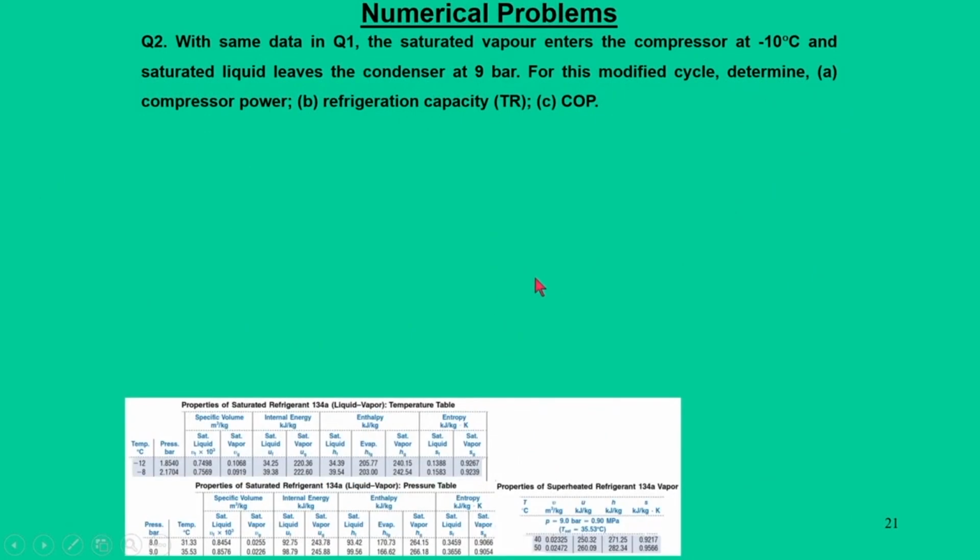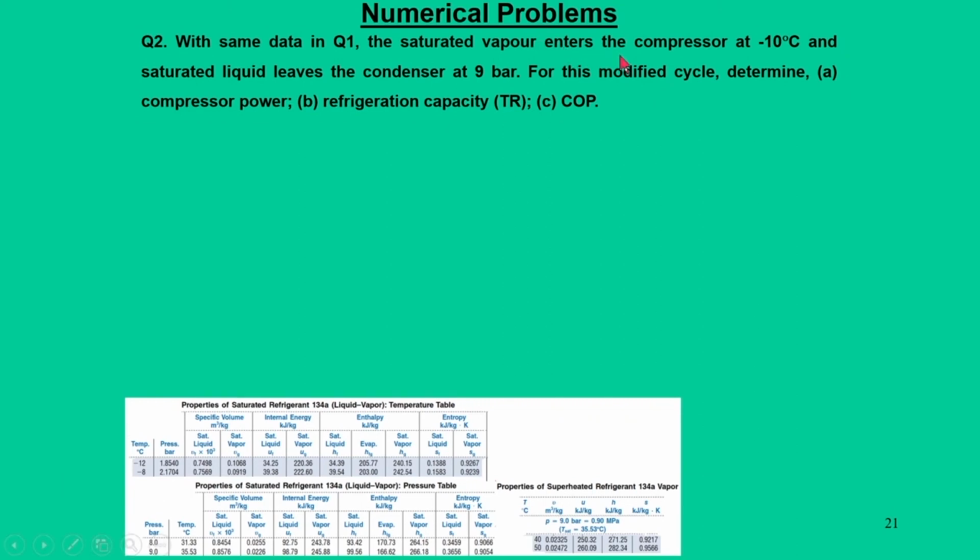Then the next question, with the same data as in question 1, is a little bit shifted in the sense that the refrigerant temperature and your condenser or evaporator temperature are no longer the same.